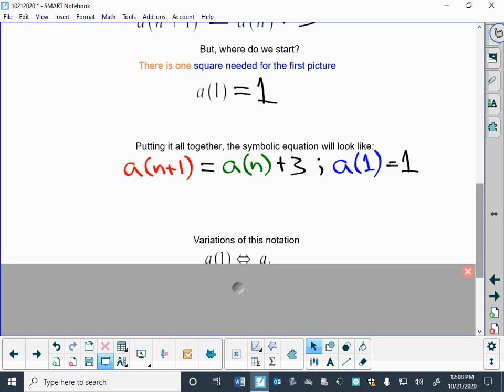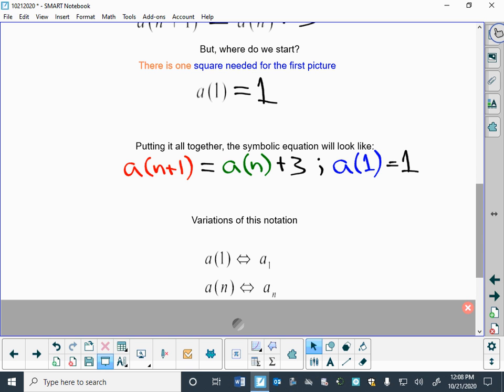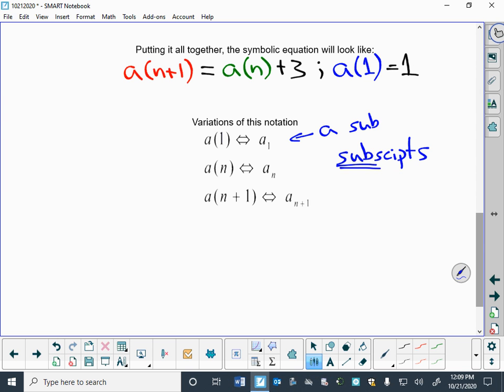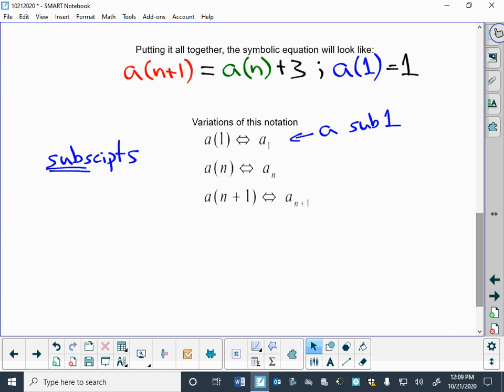Okay. Now, there are variations on this. Not everybody does this with parentheses. Sometimes they do it with what are called subscripts. And when we read it, we say the sub part. We don't say all of the subscript. So I read this one as A sub 1, and this one I can read as A sub n.